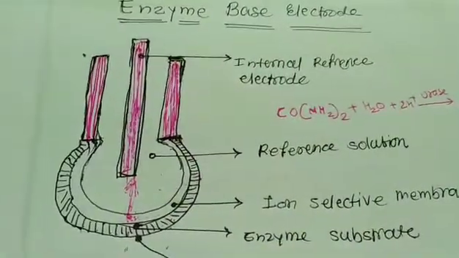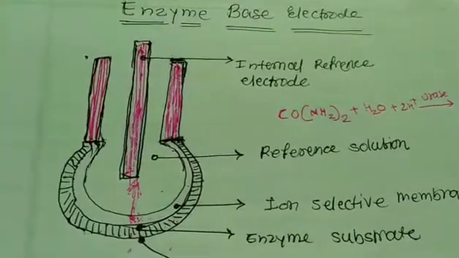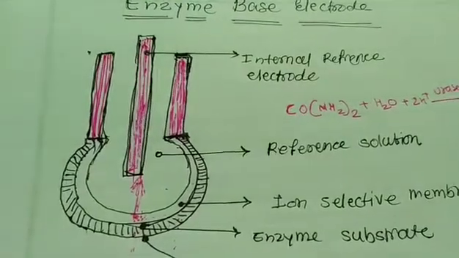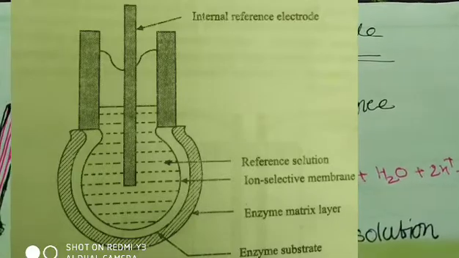So various enzymes are useful for determination of various substances. So this is all about the enzyme based electrode.